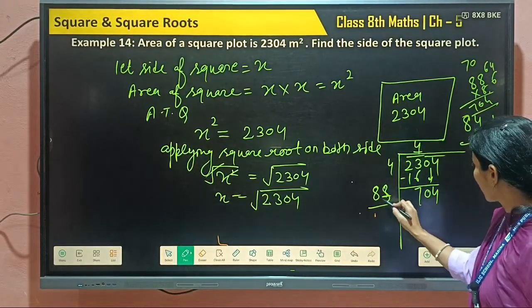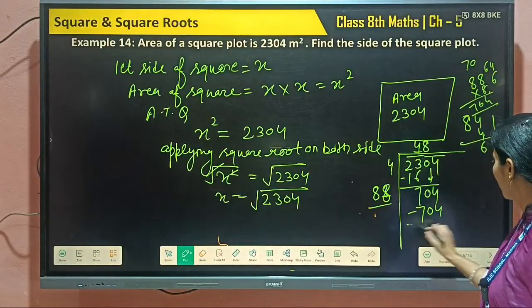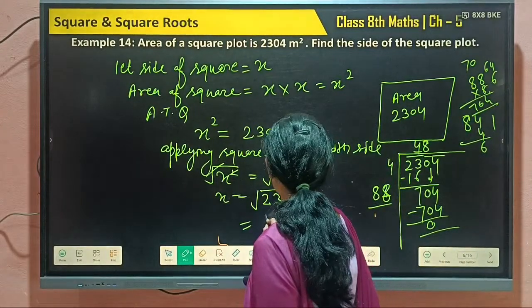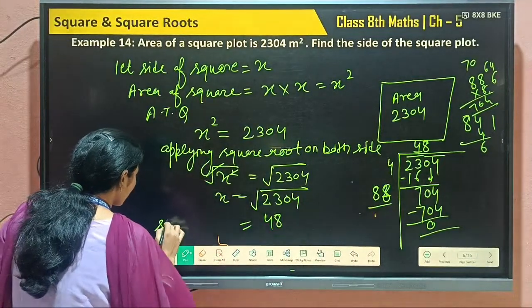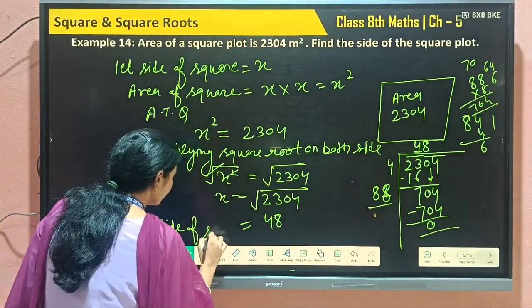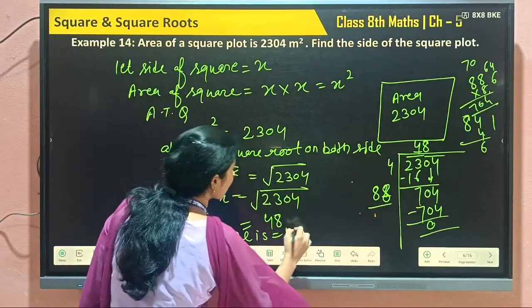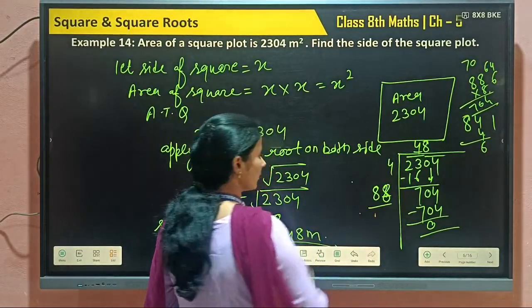So the next number is 8, giving 704. So the square root is 48. The side of the square is 48 meters.